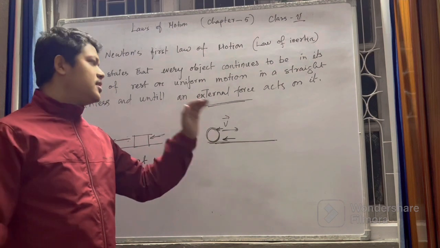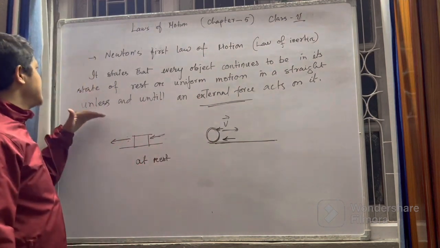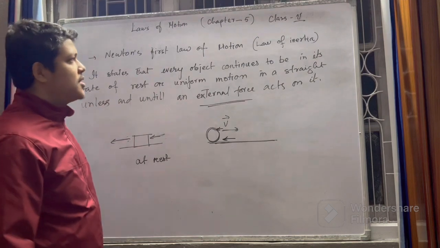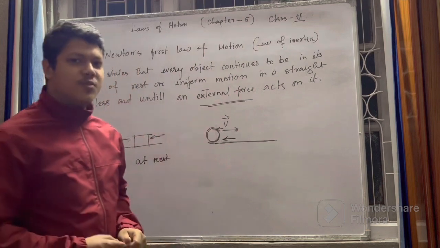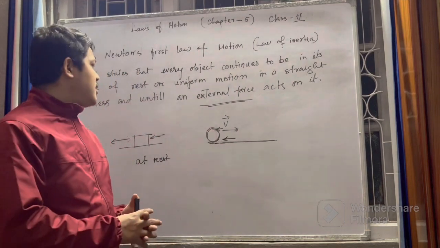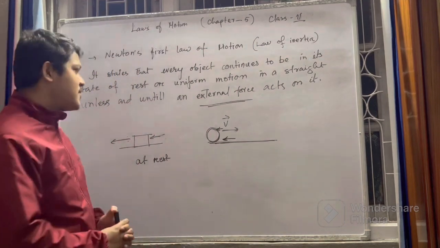Is that clear? That is what is explained by Newton's first law of motion, and this law is also known as the law of inertia. Why? What do you mean by inertia?